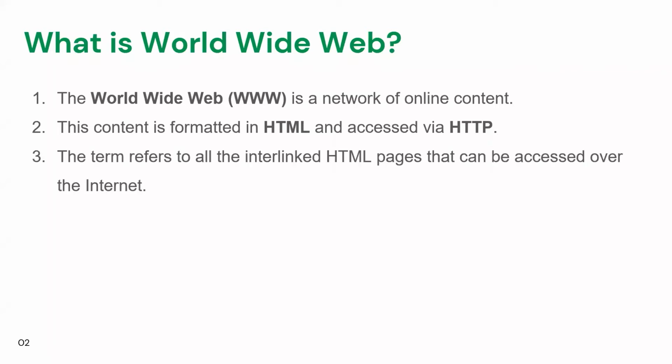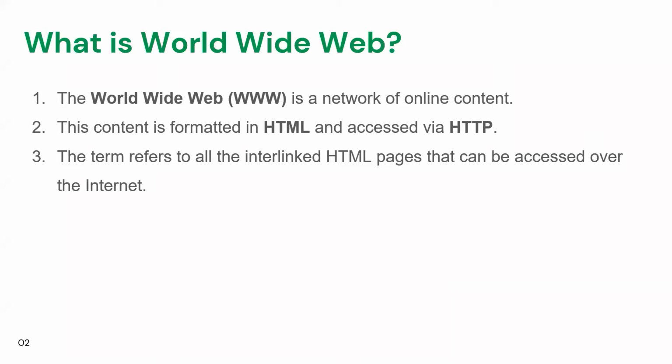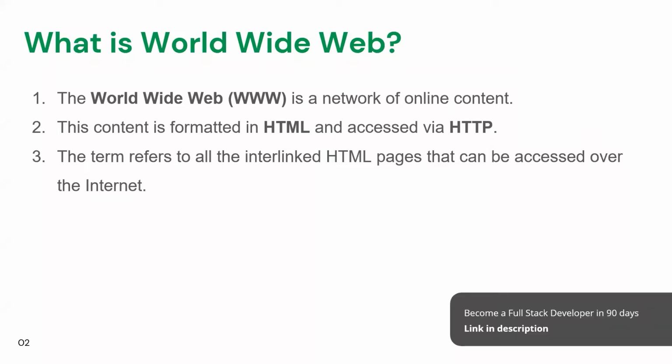So the term refers to all the interlinked HTML pages. World Wide Web is basically a collection of multiple HTML pages which are interlinked to each other. We can navigate from one page to another, where a page is basically just a file. We can open one file, and through that file we can navigate to another file and so on.